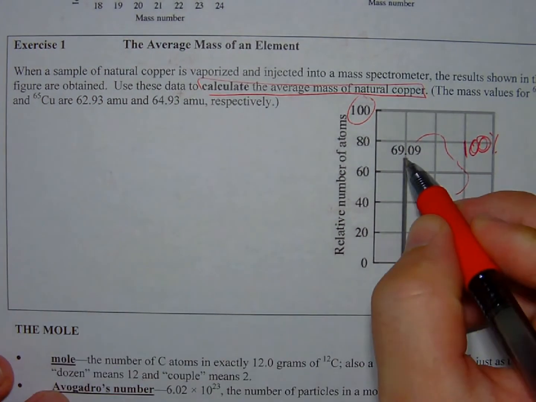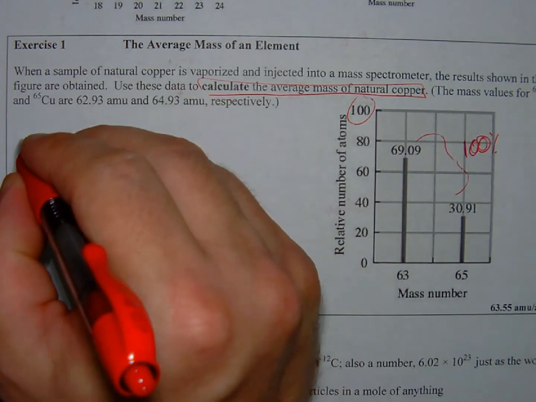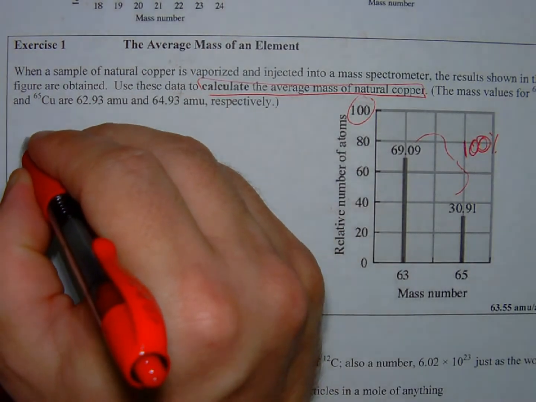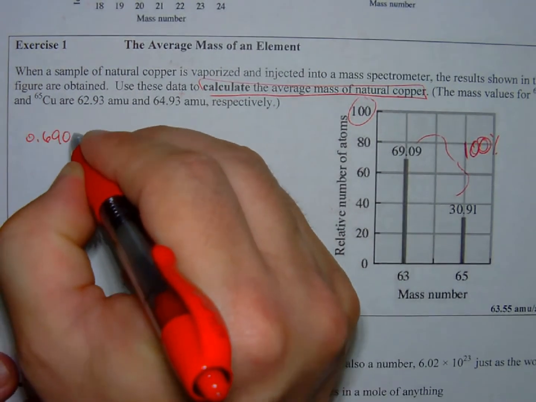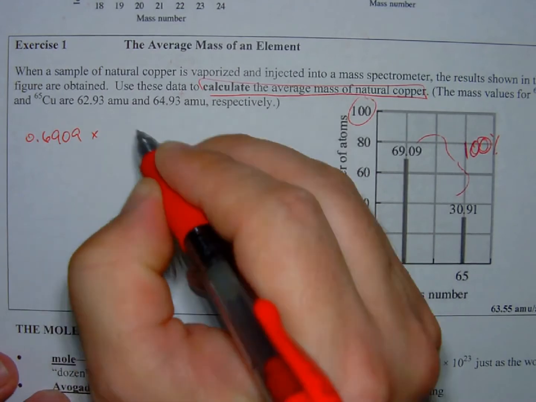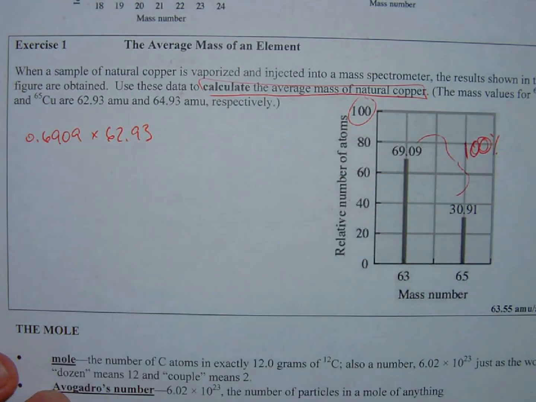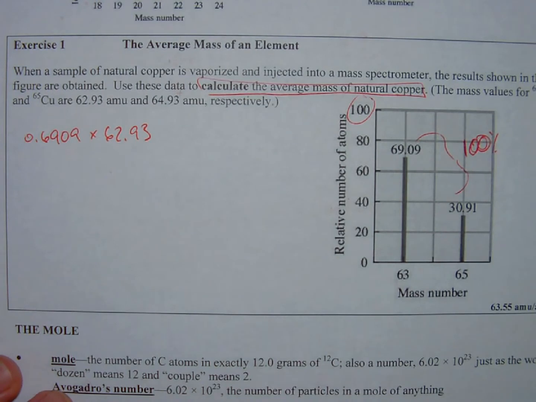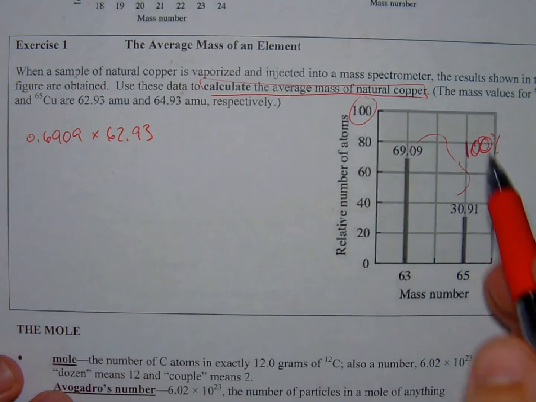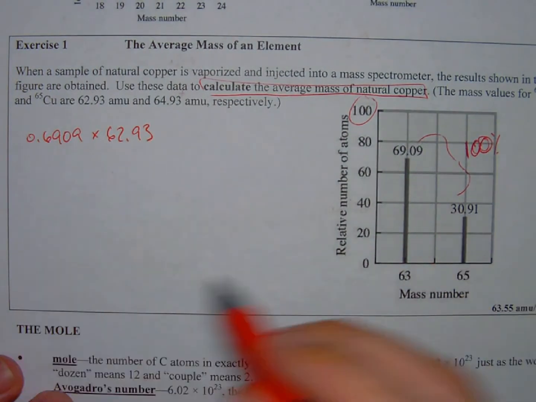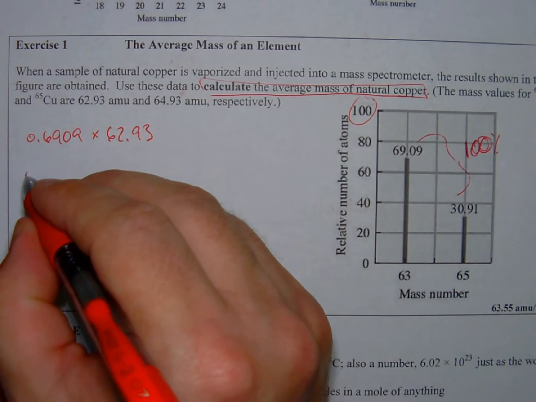So if I'm going to take this into account and weight this, I would go 0.6909 times 62.93. So this is going to be the mass of this total sample that is due to this copper. I'm going to do the same thing with the other kind.